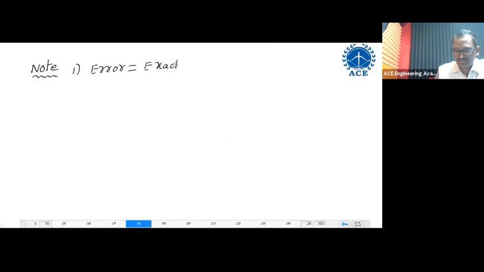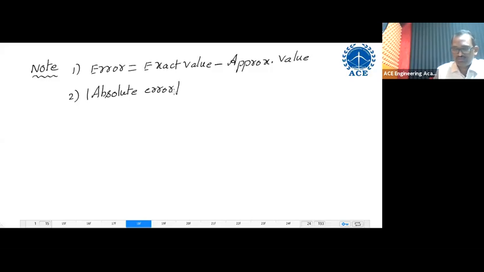Error means exact value minus approximate value. Absolute error means modulus of exact value minus approximate value.